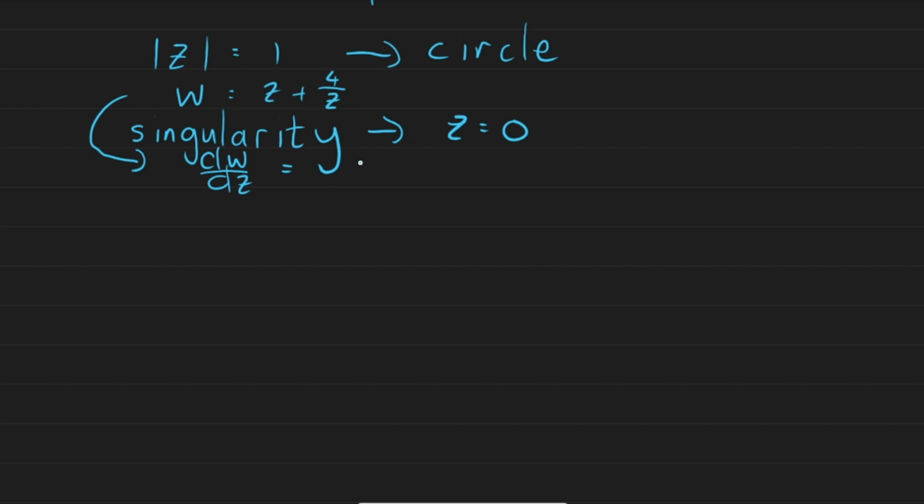So we find the derivative, and we find that it is 1 minus 4 over z squared. If we set this equal to 0, then we find that z is equal to plus minus 2. So these would be the critical points.